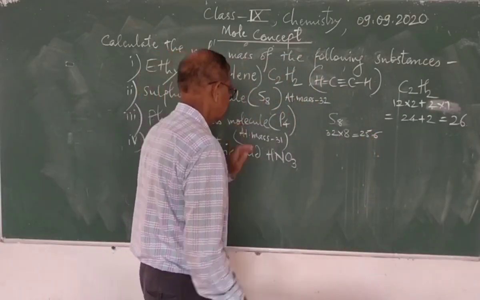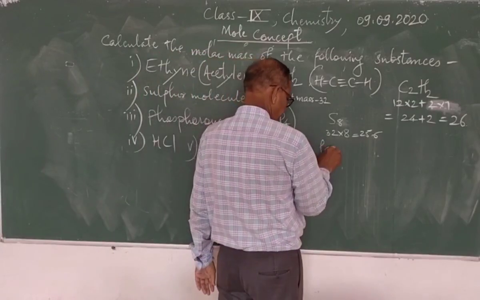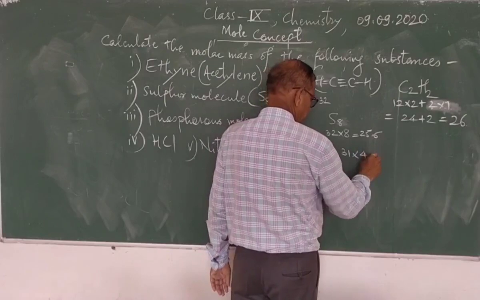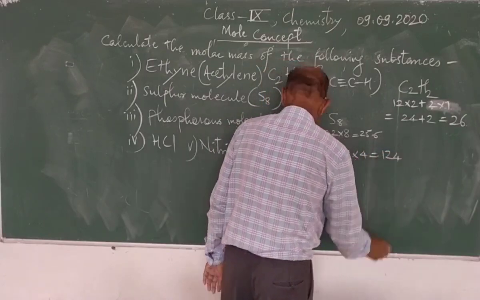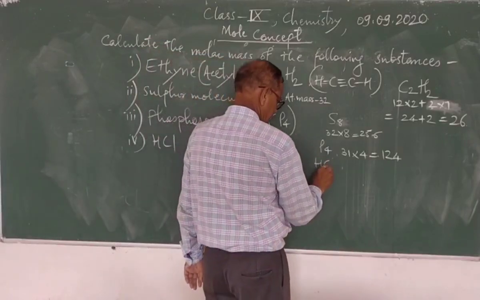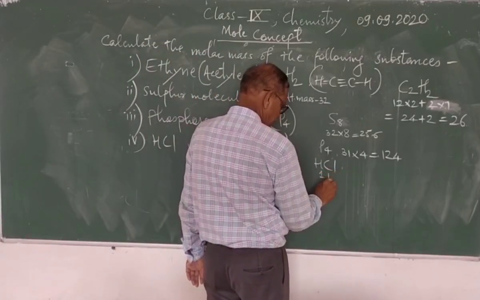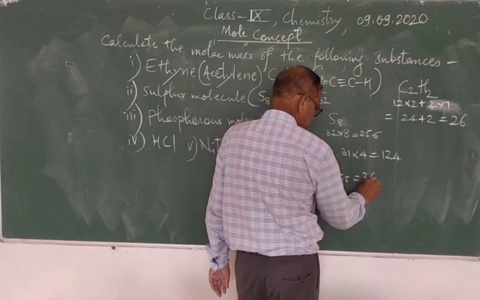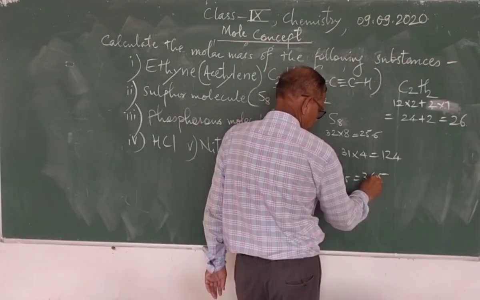Then phosphorus, P4. 31 into 4 is equal to 124. Then HCl: 1 plus 35.5 is equal to 36.5.